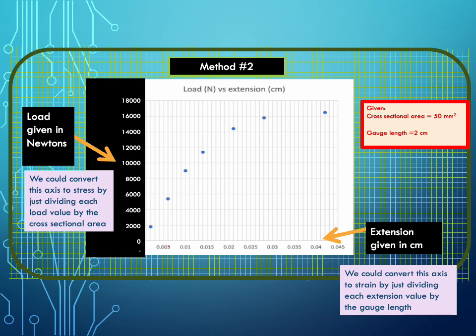As long as we make sure we do the conversion, newtons per millimeter squared to newtons per meter squared. And we could take each of these extension dimensions, which are in centimeters, and divide that by the gauge length, which is given as 2 centimeters. So divide them by 2, get rid of all the units, and now I have strain.